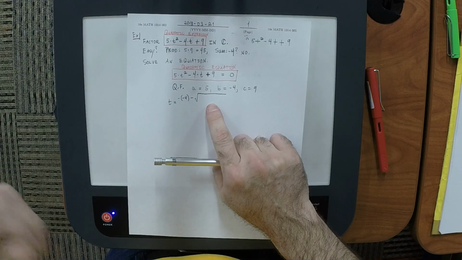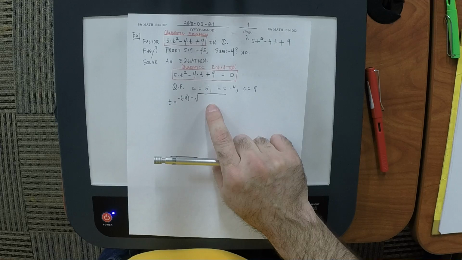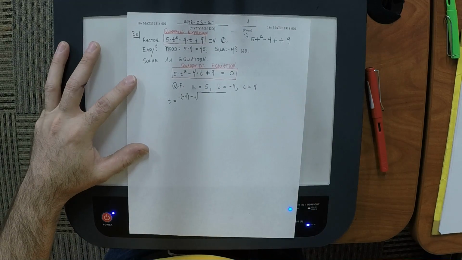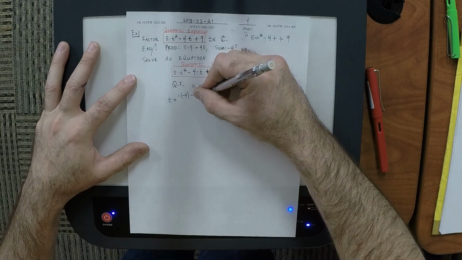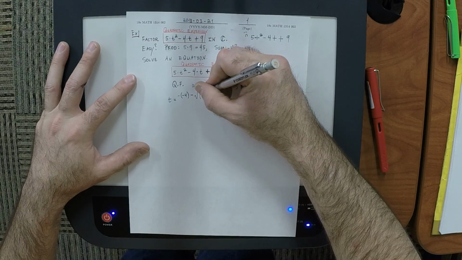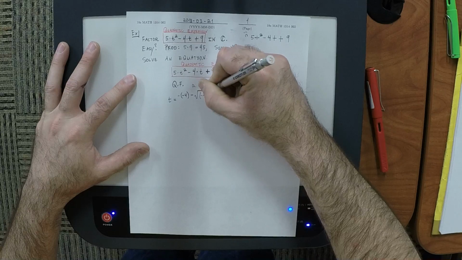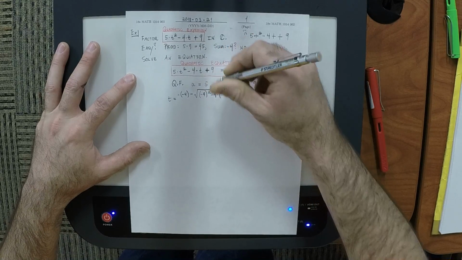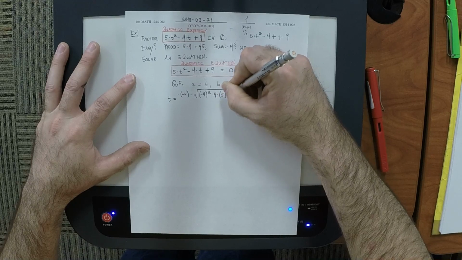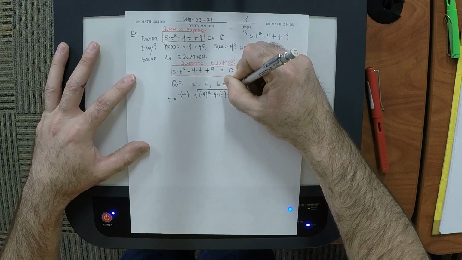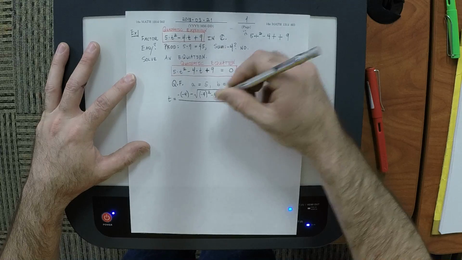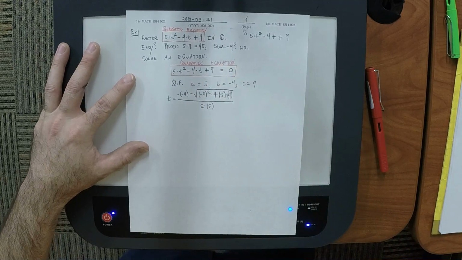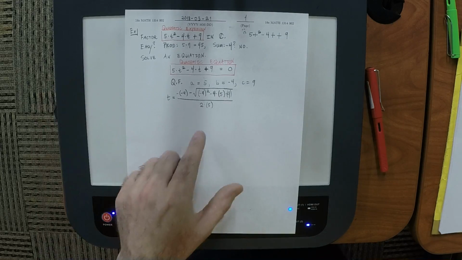That stuff is so important that it has its own name. What's the name of the stuff that goes in the square root? Discriminant. That would be b squared minus 4ac, so (-4) squared minus 4 multiplied by 5 multiplied by 9, and then over 2a, so 2 times 5. That's one of the possibilities.